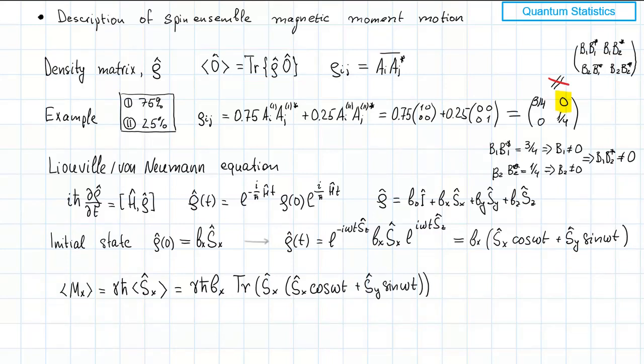By computing the traces of the products of the spin operators, we obtain that mx is proportional to cosine omega t. Similarly, we obtain the expectation value of my proportional to sine omega t.